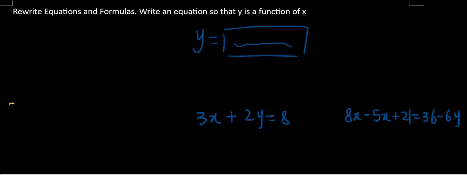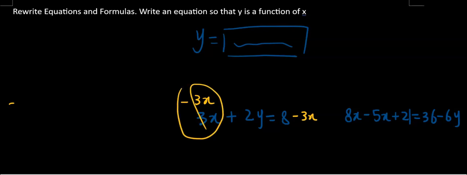Therefore, we're going to subtract 3x from each side. Cancel it out. Rewrite 2y is 8 minus 3x, divided by 2, divided by 2.